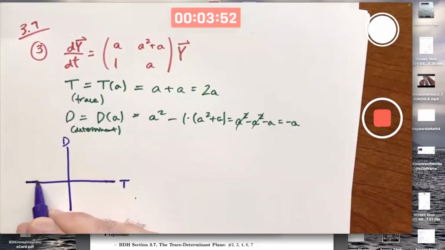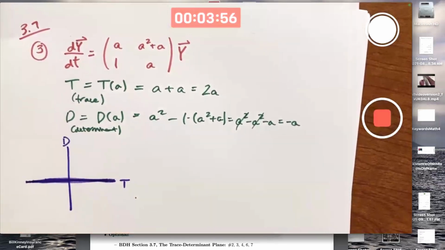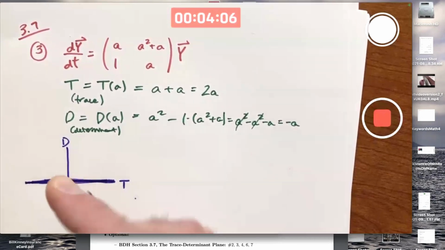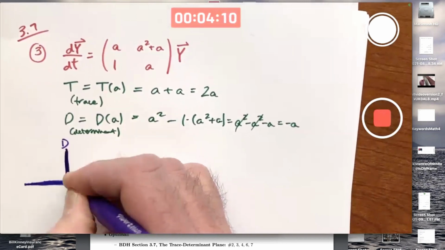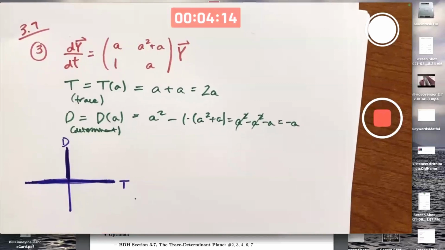One of them is the t-axis, so I'll make it extra boldface here. That's where D is 0, so certainly where D is 0, you could have bifurcations. The second one is the positive d-axis, not the negative d-axis. So setting t equals 0 could make bifurcations occur as long as D is positive.